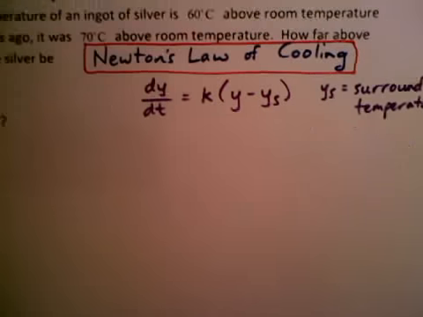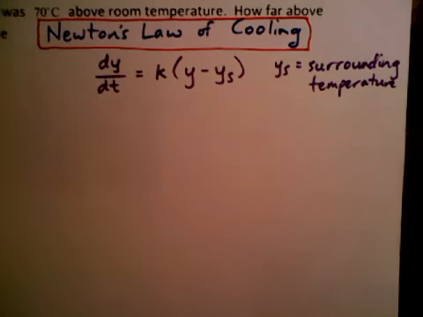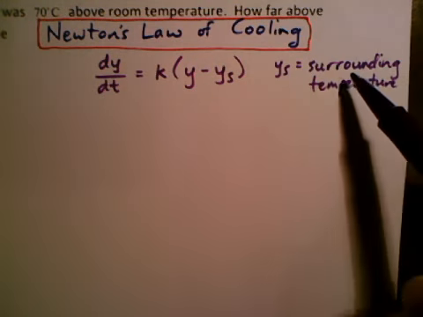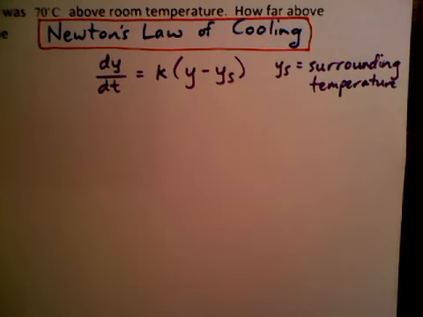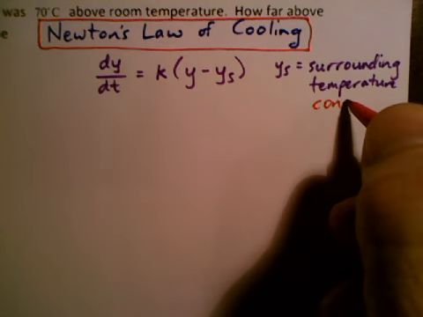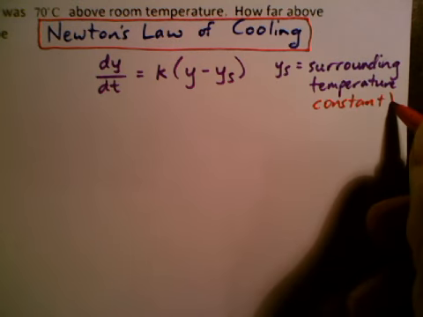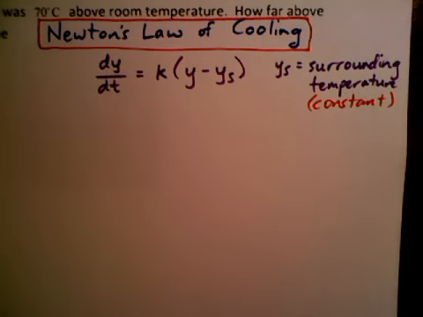So the temperature of the object is changing, and y sub s is the surrounding temperature. The surrounding temperature is always going to remain constant in these problems, so let me write that down as constant. As soon as we find what that is, we can just put that into our formula.